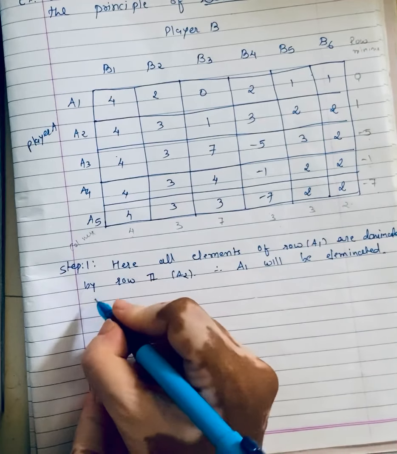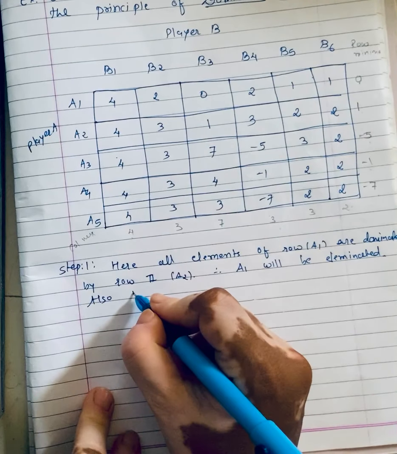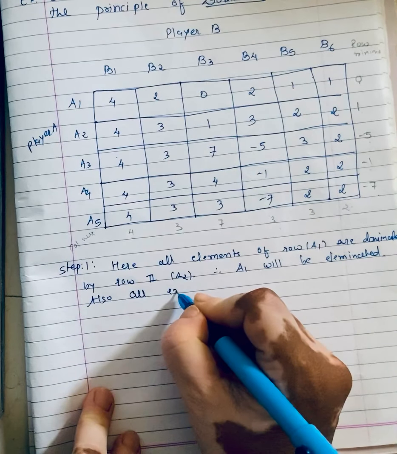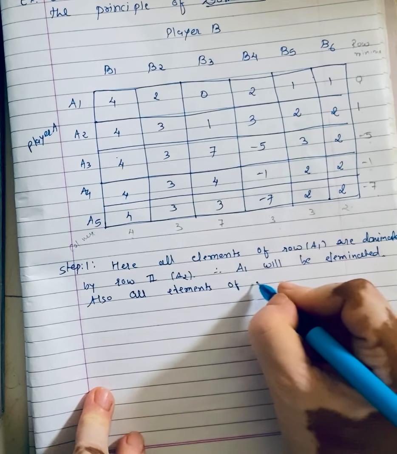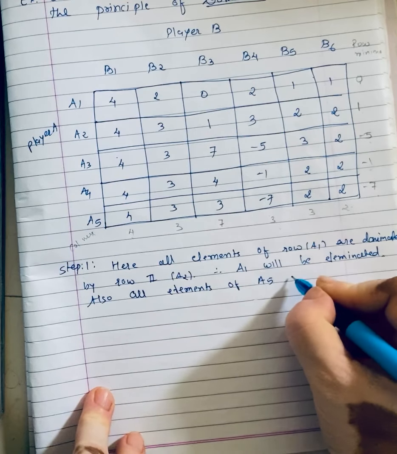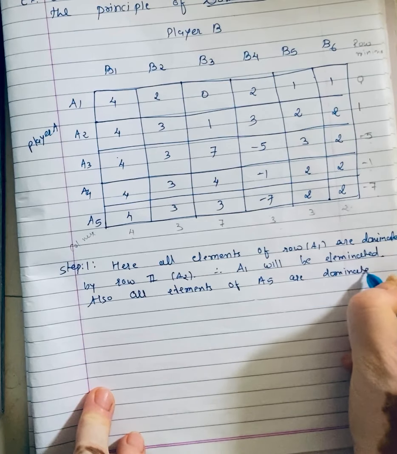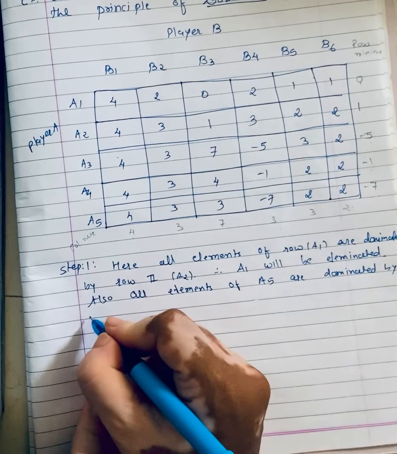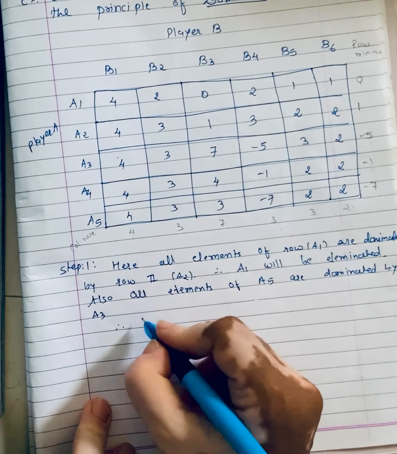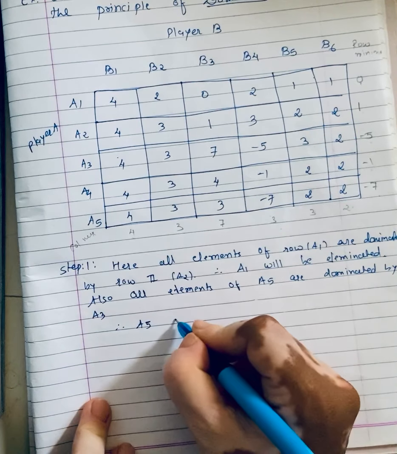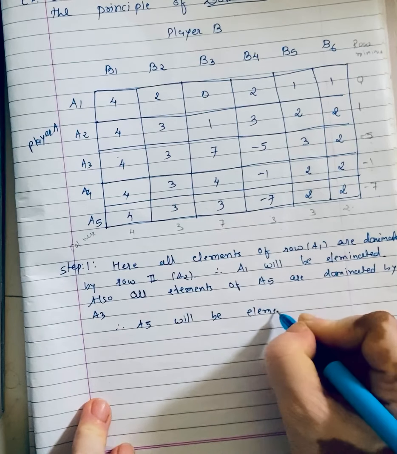Also all the elements of A5 are dominated by A3. Therefore A5 will be eliminated.